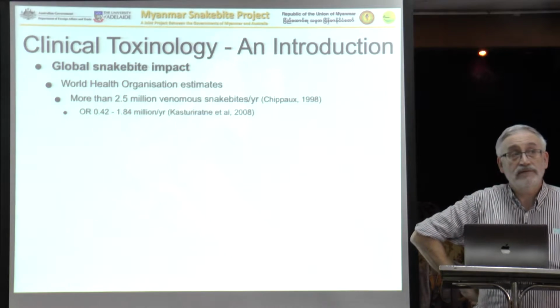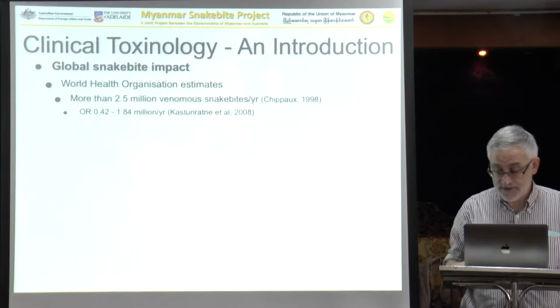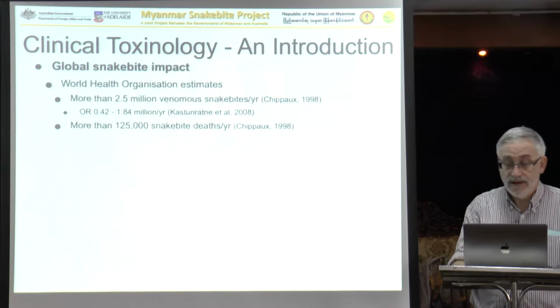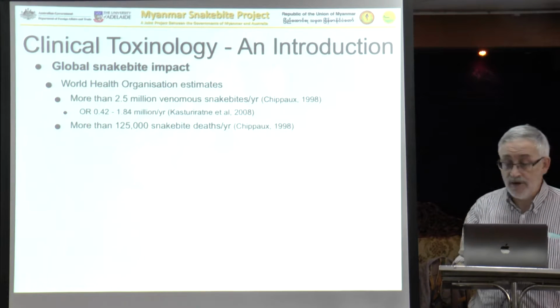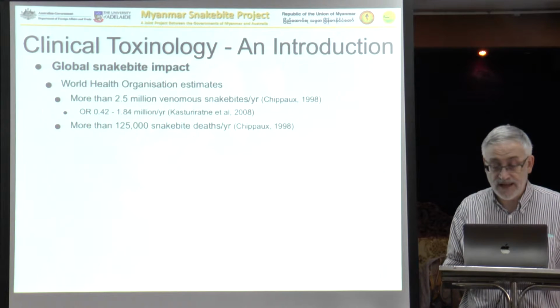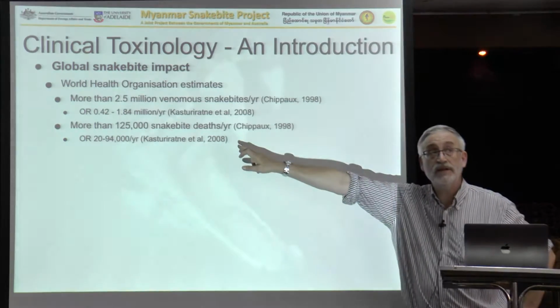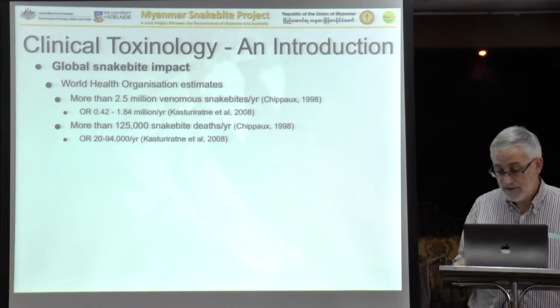We now think that this study was severely flawed and has underestimated numbers. Again, for deaths, SHPO estimated at least 125,000 snakebite deaths every year in the world, whereas Kasturiaratne suggested it may be as low as 20,000. They're wrong.